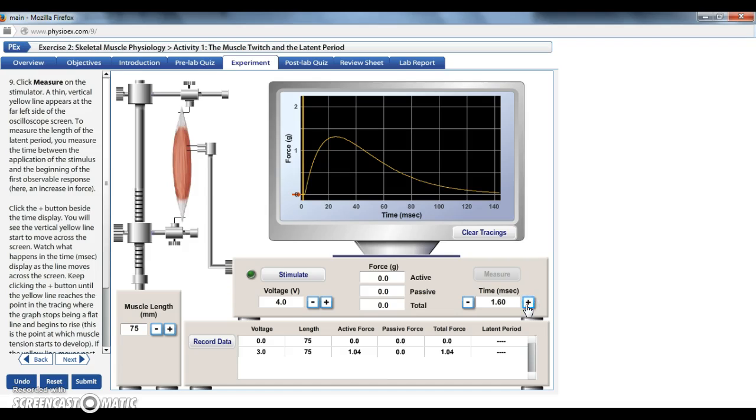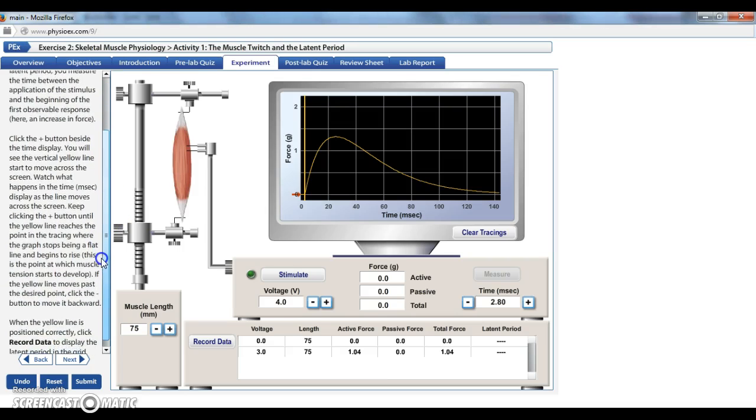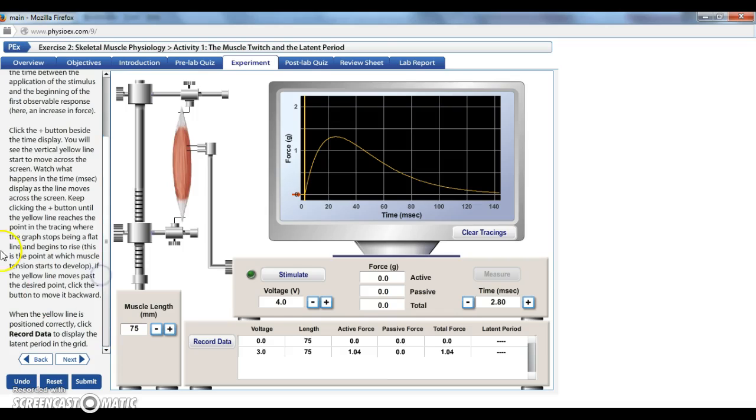You're going to line it up just where the graph begins to increase, right there where that tracing begins to go on the upslope for the muscle tension. Okay, so then record data.